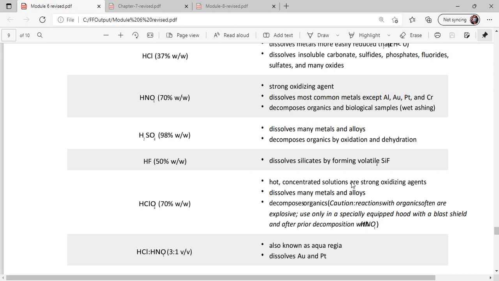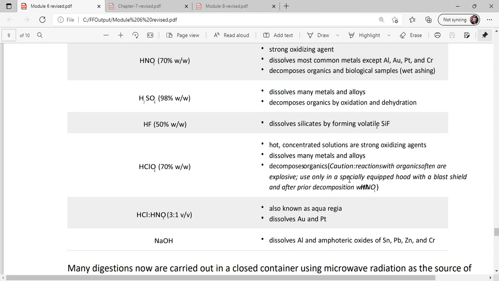Then you have your HF, hydrogen fluoride, which dissolves silicates by forming volatile silicon fluoride. And your HClO4, a hot concentrated solution, a strong oxidizing agent, dissolves many metals and also alloys, decomposes organics. Its reactions with organics are often very explosive, so it is used in a specific equipment, fume hood, and with a blast shield, and after prior decomposition with your HNO3.